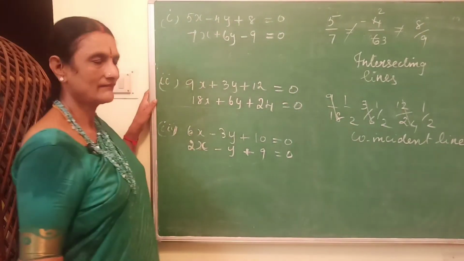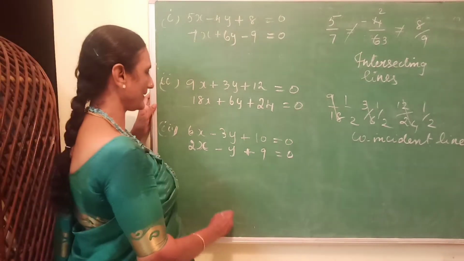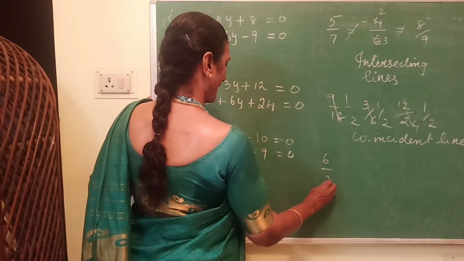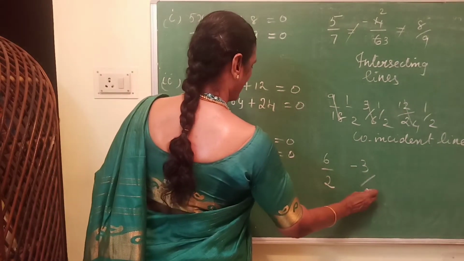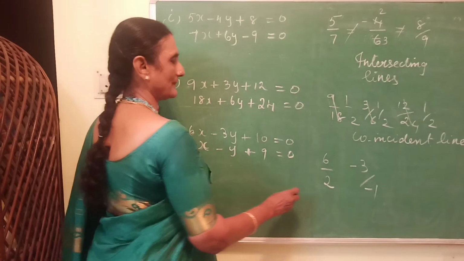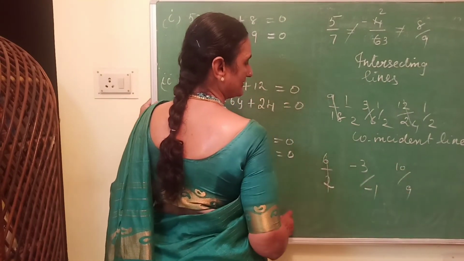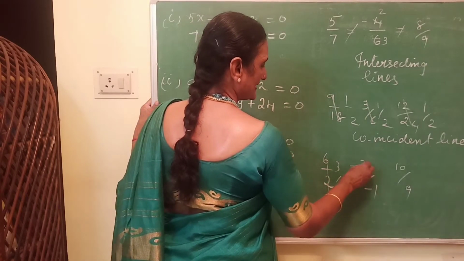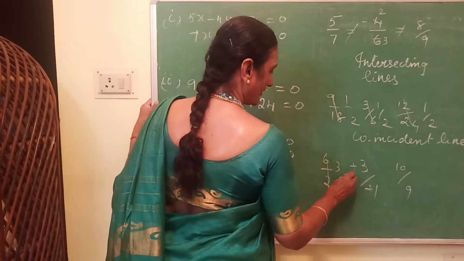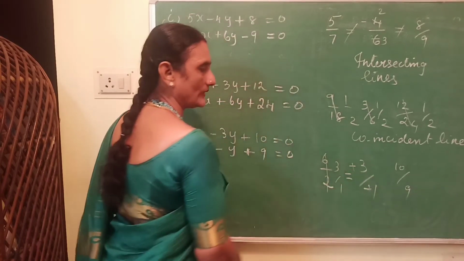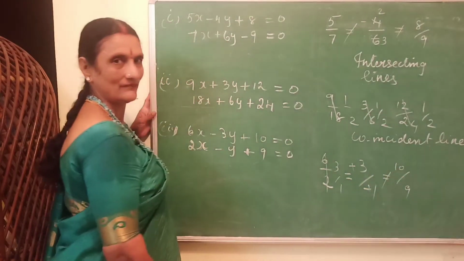Are you understanding? Let us move on to the third subdivision. What is a1 by a2? It is 6 by 2. b1 by b2 is minus 3 by minus 1, c1 by c2 is 10 by 9. If you look at these three ratios, this is 3, this is 3 and minus by minus is plus. So this is 10 by 9. That means these two ratios are equal to 3, whereas that is not equal to this ratio, 10 by 9.